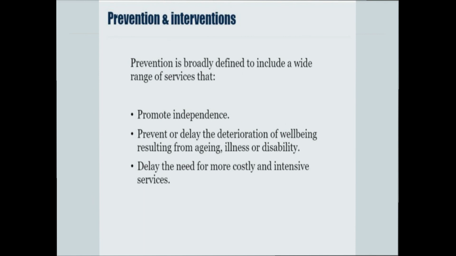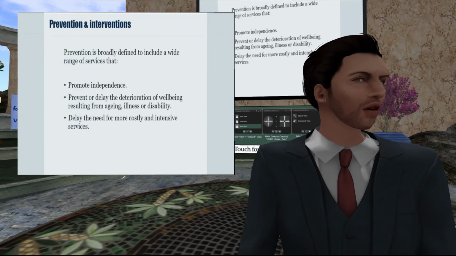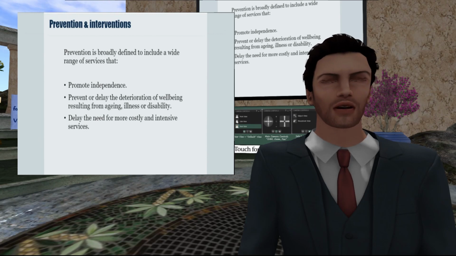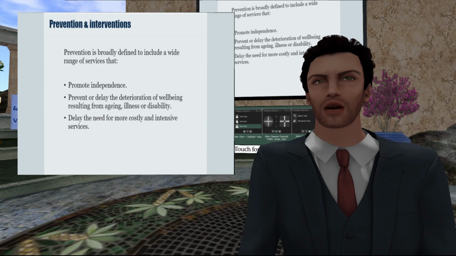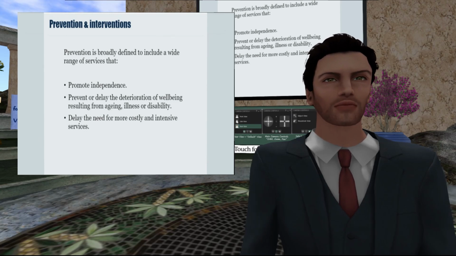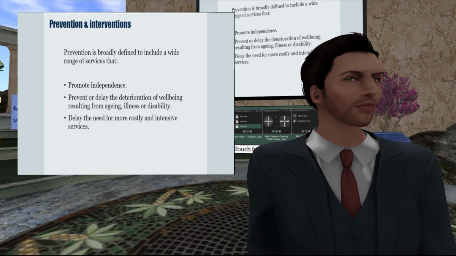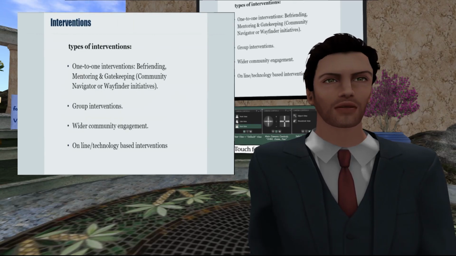TV is sucking your soul out. It is important to talk with each other, to go out, or to be inside but on the computer, because at least you can interact with someone. Prevent or delay the deterioration of well-being and delay the need for more costly and intensive services, because we do not have them.